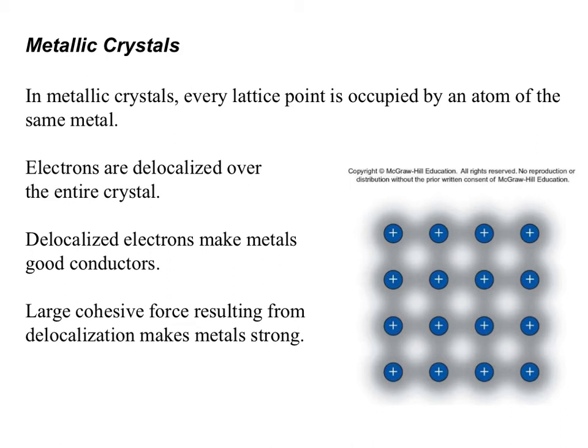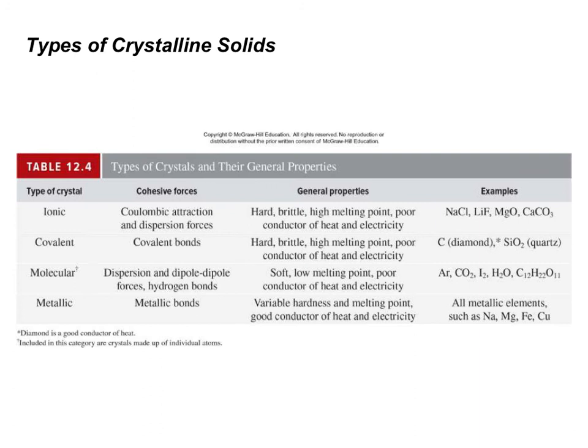Here's a nice summary of the types of crystals and their general properties. So ionic crystals are attracted pretty much by their charges and tend to be hard, brittle, with very high melting points and poor conductors of heat and electricity. Covalent crystals have covalent bonding and are also hard, brittle, with high melting points and poor conductors of heat and electricity.